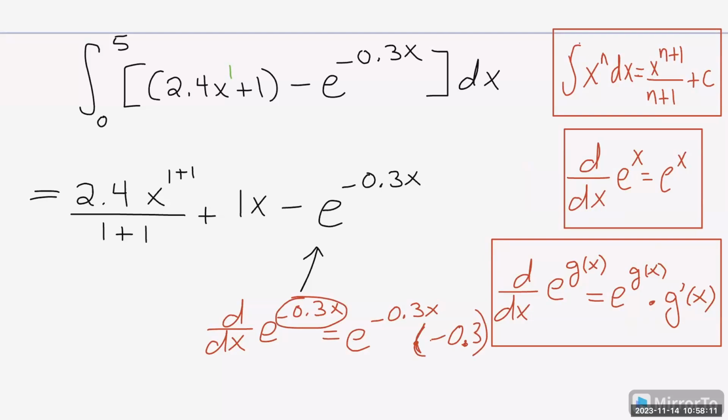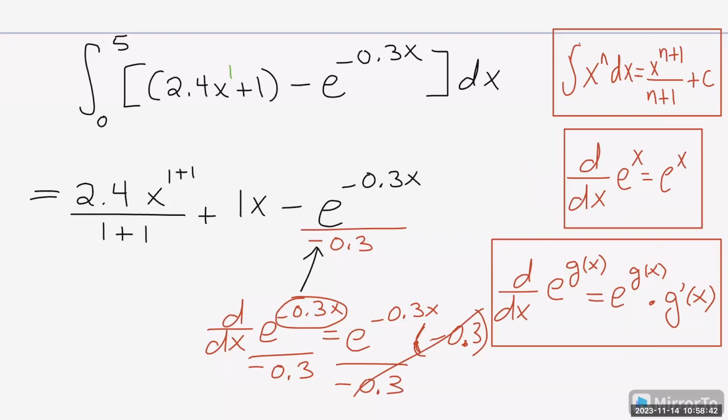So in order to compensate for that negative 0.3, and in order to not have it, I'm going to divide this by negative 0.3. And that way, when I do differentiate this, notice the negative 0.3s will cancel each other out.